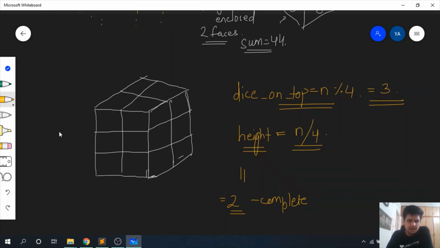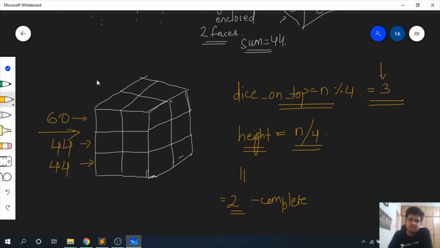Now seeing this structure, we can see that there are two enclosed levels over here. So enclosed levels have a total sum of 44, as we saw, right? So 44 for the enclosed levels, and for the top level we have a sum of 60. Now say we have 3 remaining dice.